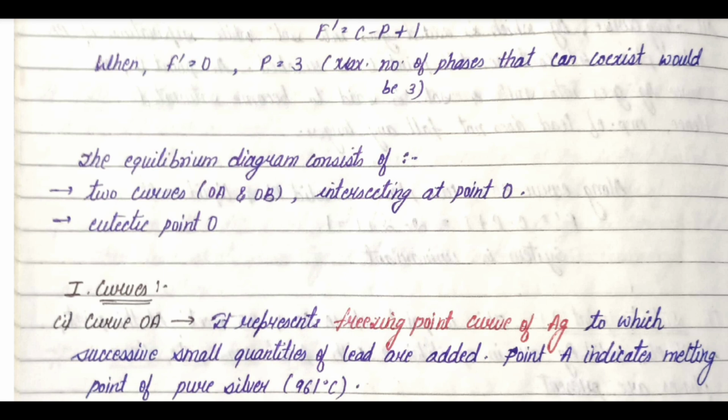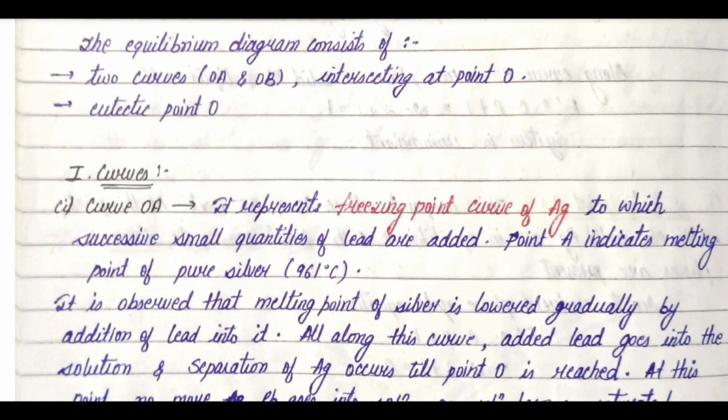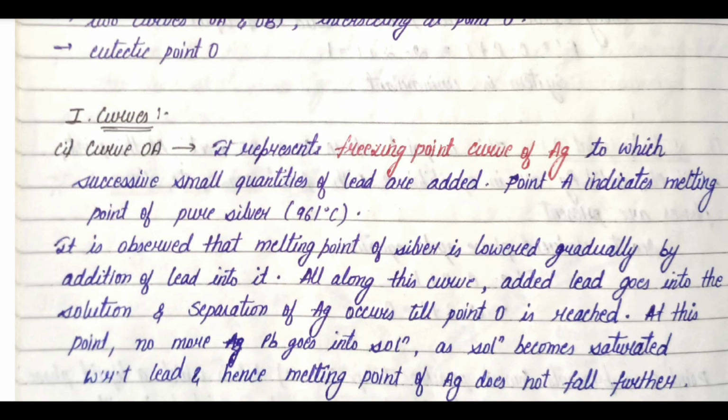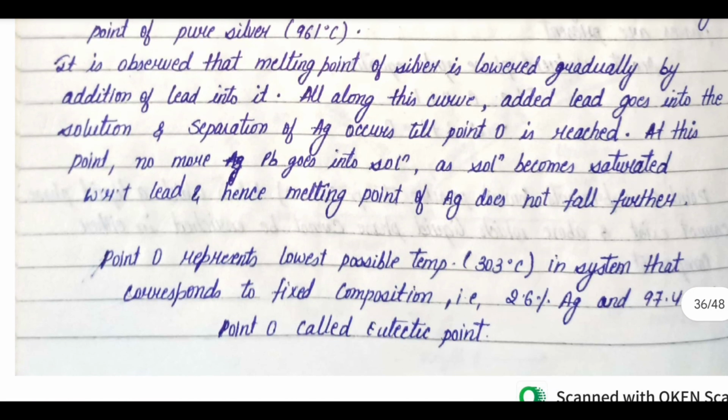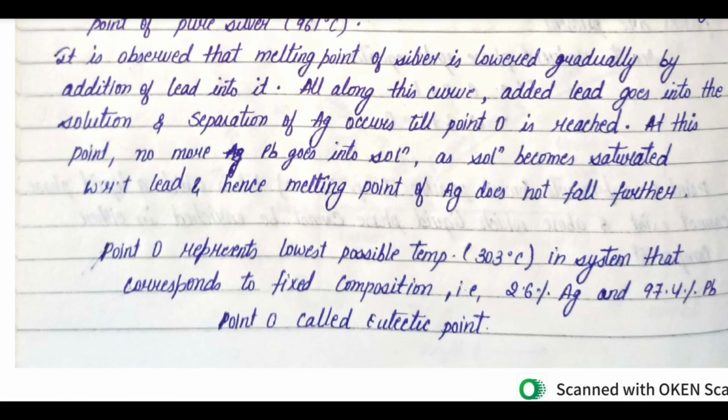The equilibrium diagram consists of two curves intersecting at eutectic point O. First, curve OA. It represents freezing point curve of Ag to which successive small quantities of lead are added. Point A indicates melting point of pure silver. It is observed that melting point of silver is lowered gradually by addition of lead into it. All along this curve, added lead goes into the solution and separation of Ag occurs till point O is reached.